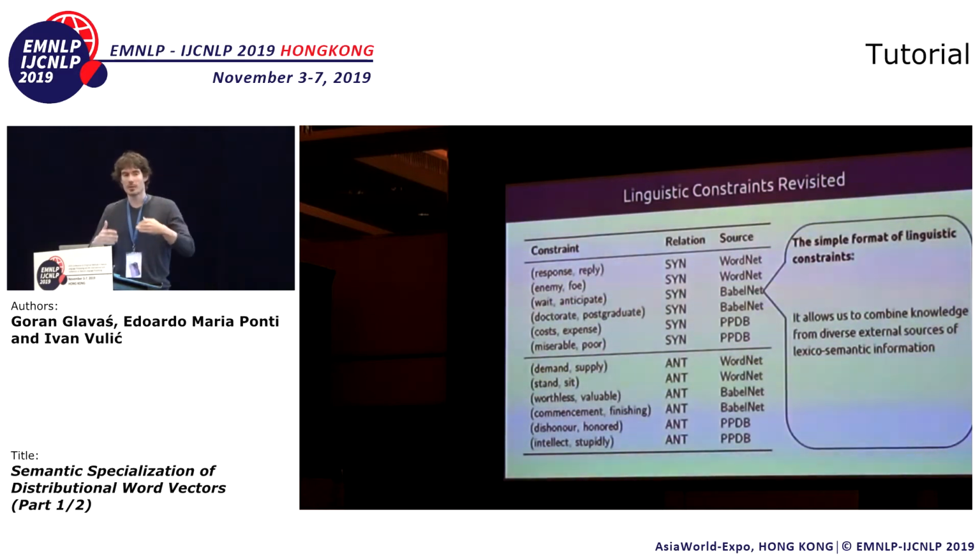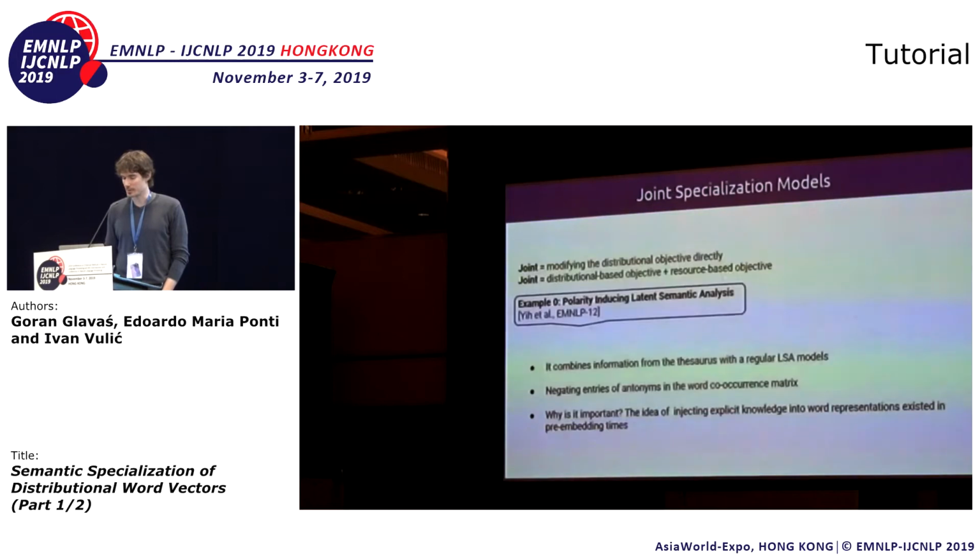On a more general note, you can also think of triplets, where you have word 1, word 2, and the relation between them. This simple format allows us to extract knowledge from different knowledge bases and combine them into a single model. And if you have it in other languages, it's really simple to do mixing and matching. This is pretty much the format we're going to use throughout the tutorial.